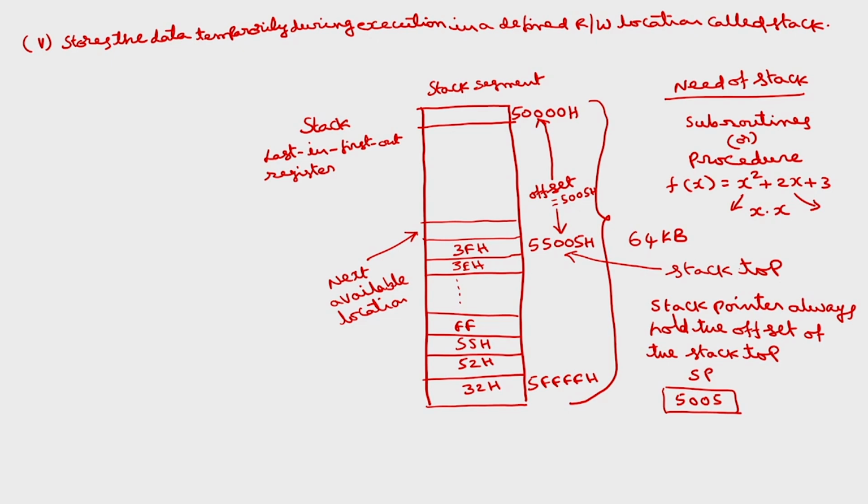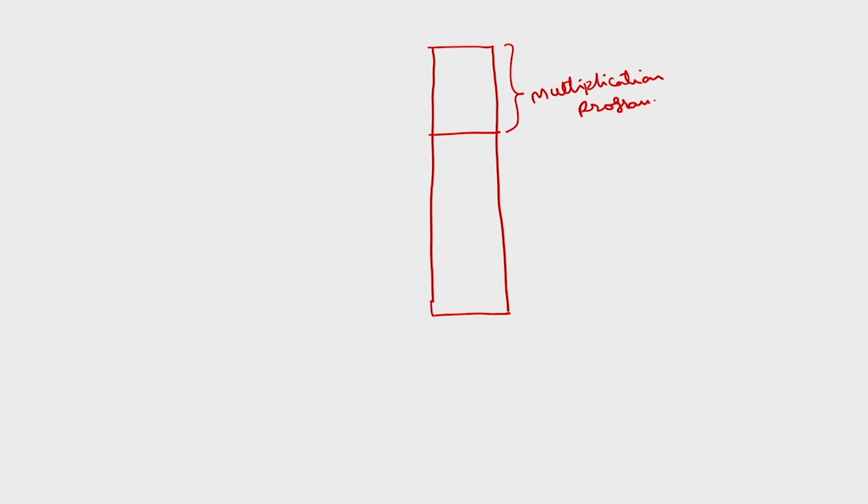So, you have to write the multiplication program, and for this multiplication program you give x and x as inputs, which gives x square.